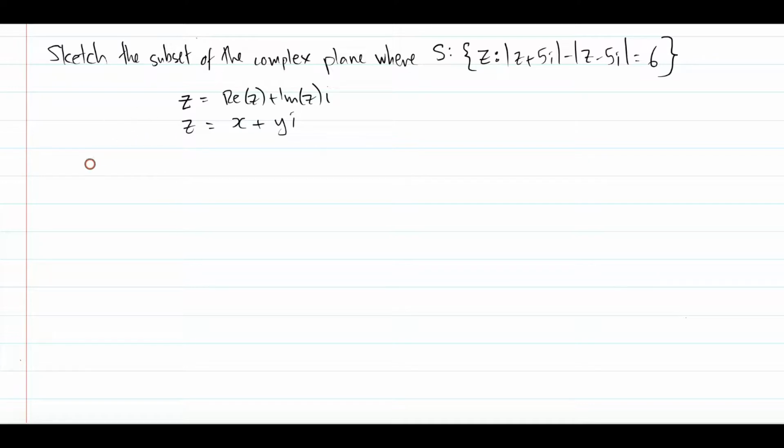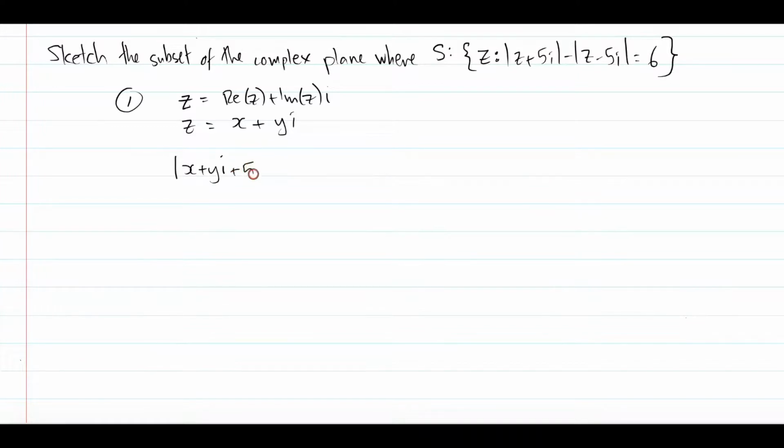Okay, let's have a look at what this subset looks like. So step number one, of course, z = x + yi, and we just sub it in. So we have mod of z + 5i, so that's the z over here, becomes x + yi.